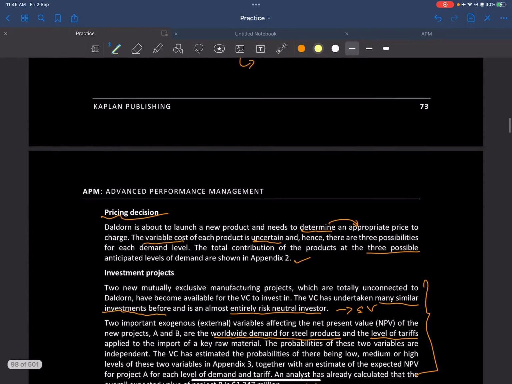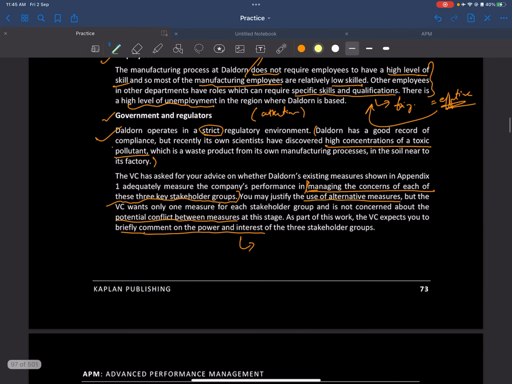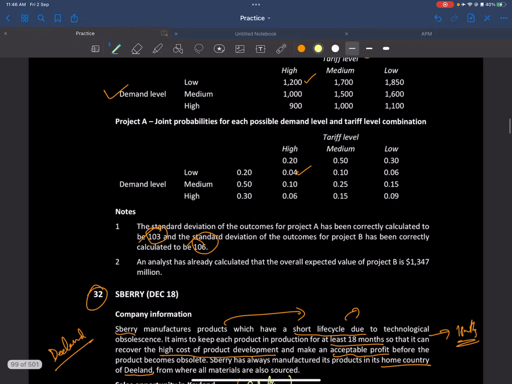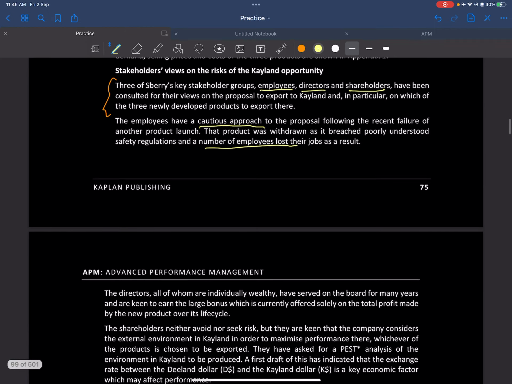In that they had mentioned there is a high level of unemployment, right? So similarly, in this case, a number of employees have lost their jobs as a result of the recent failure of the product launch, right?